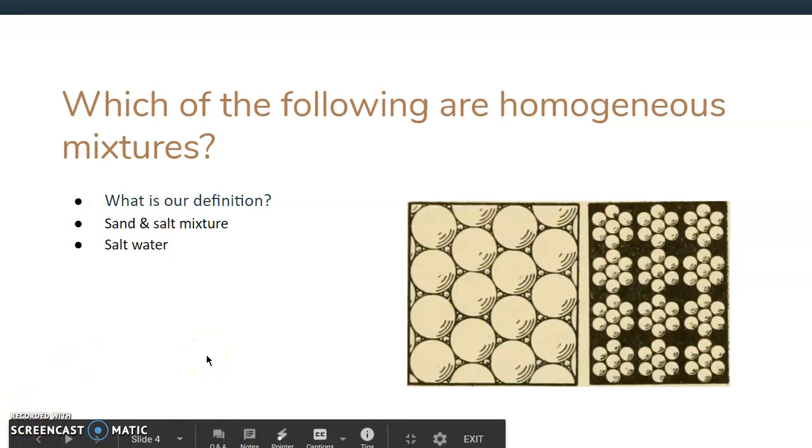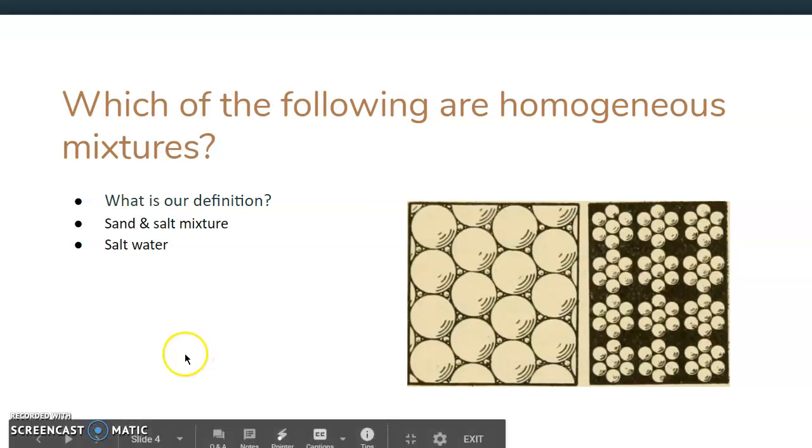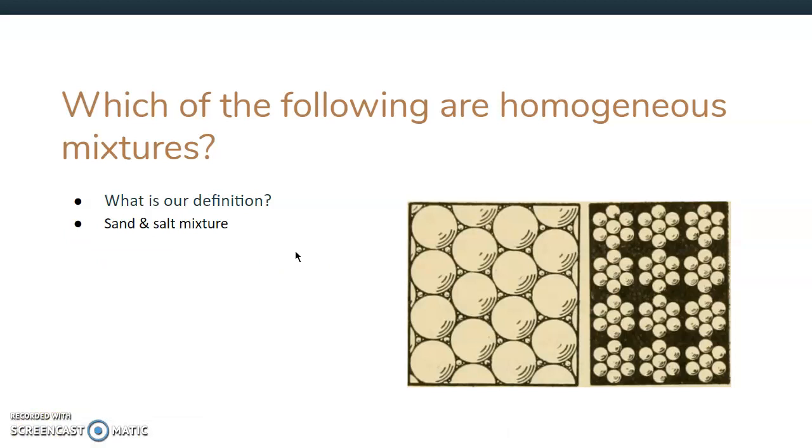A great example of a mixture, let's go back to the salt and sand. If the salt and sand mixture is very well mixed, that's the key, if something is very well mixed, that means it is uniform throughout.